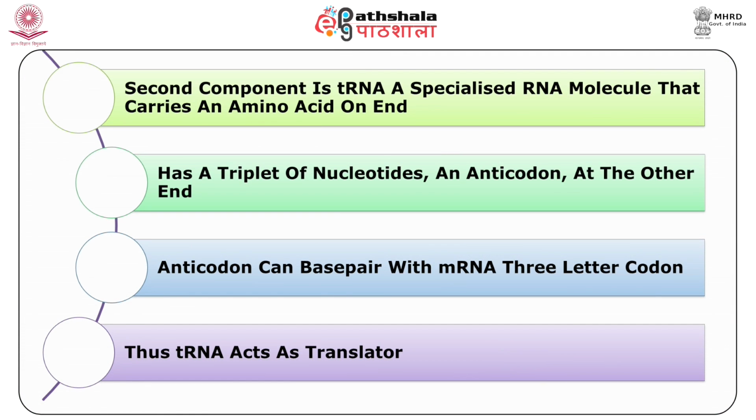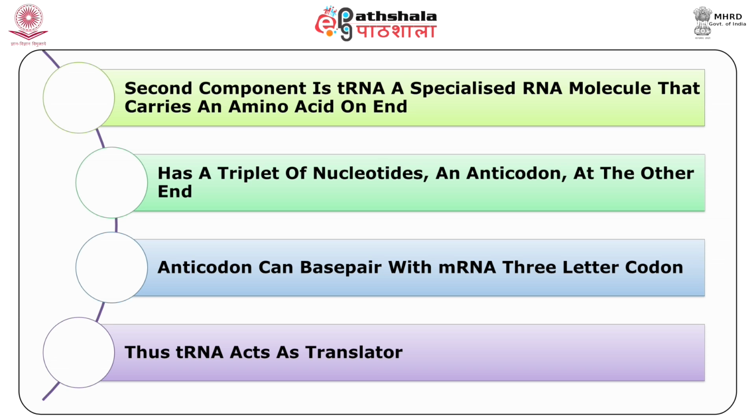The second component is the tRNA, a specialized RNA molecule that carries an amino acid at one end and has a triplet of nucleotides, an anticodon, at the other end. The anticodon of a tRNA molecule can base pair, that is, form chemical bonds with the mRNA's three-letter codon.